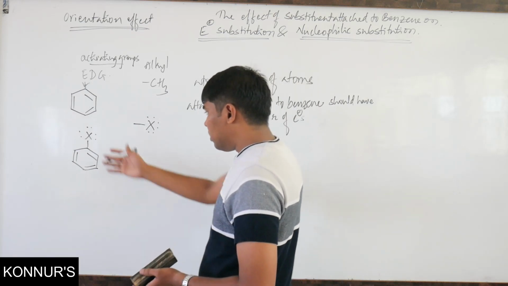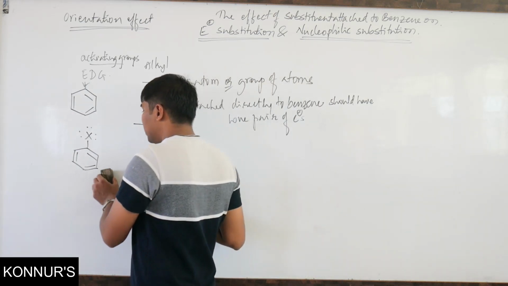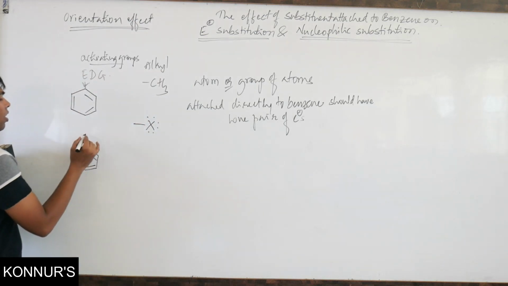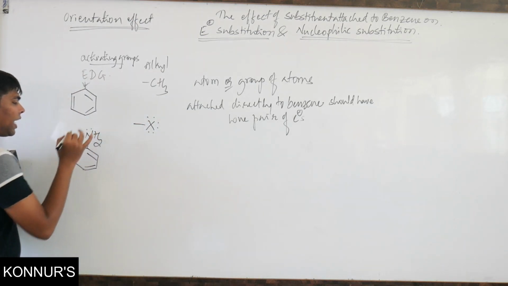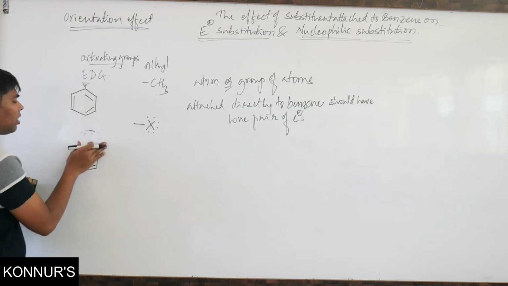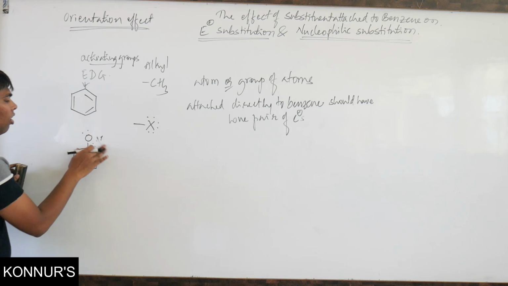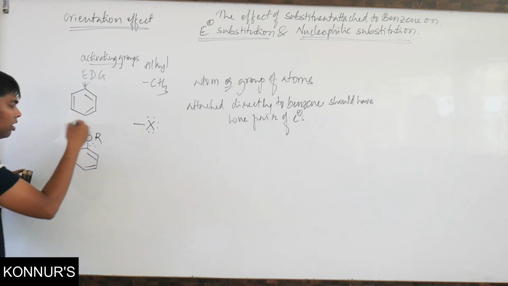And the halogen attached to the benzene ring is an example, and you can take NH2, aniline, a highly activating group, and even the OH group attached to it, or you can take the ether group.